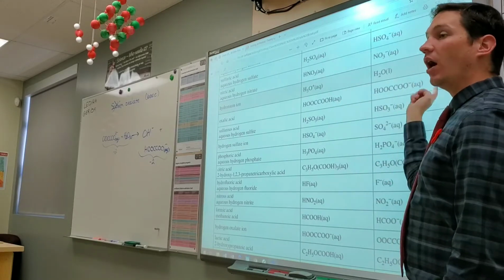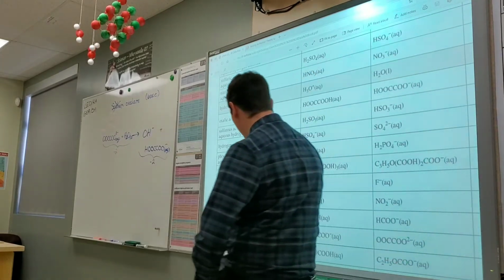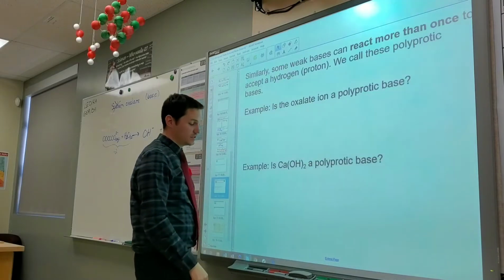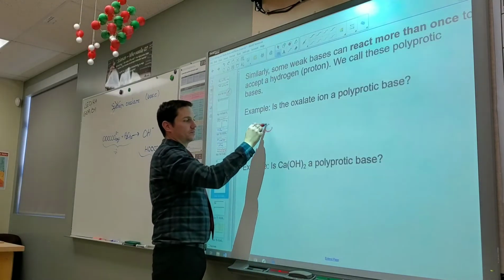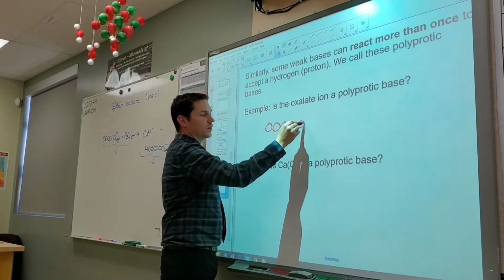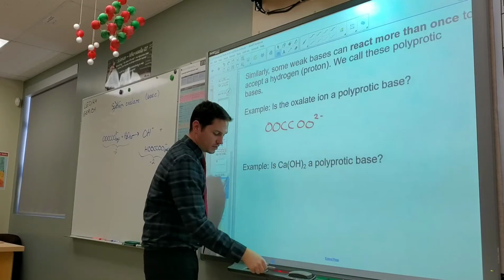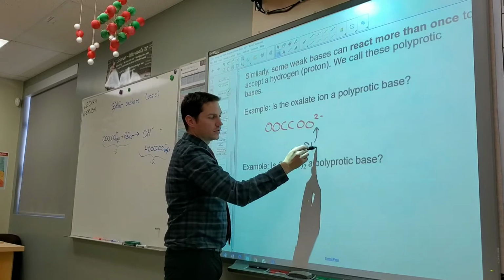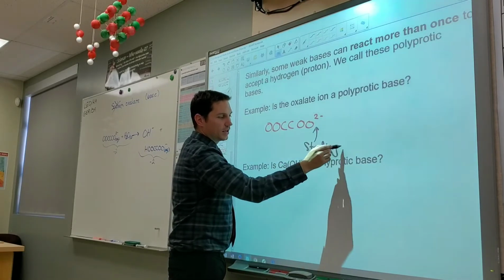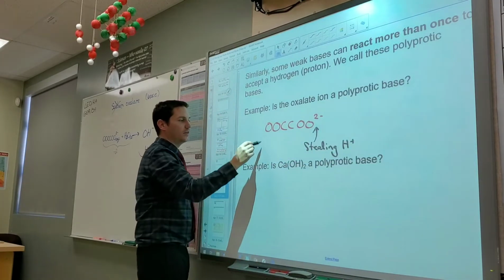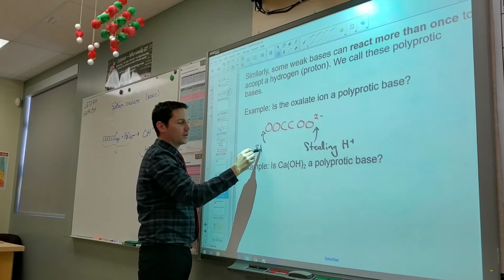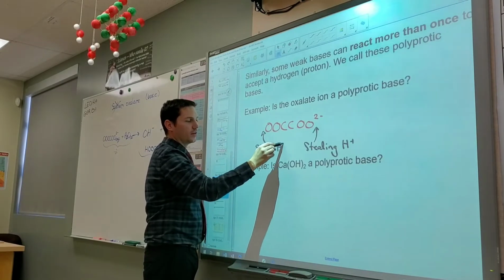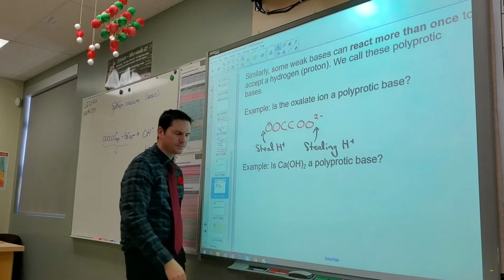So it is also polyprotic in 2 different chemical reactions. OOCCOO 2 minus can steal a hydrogen ion, and over here can steal another hydrogen ion.